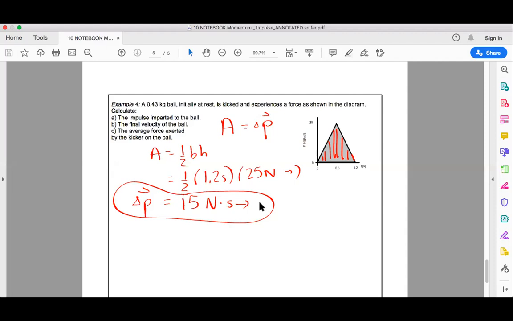So for the final velocity of the ball, you should get 35 meters per second, and the average force exerted, 15 divided by 1.2 seconds, would be 12.5 newtons or 13 newtons.